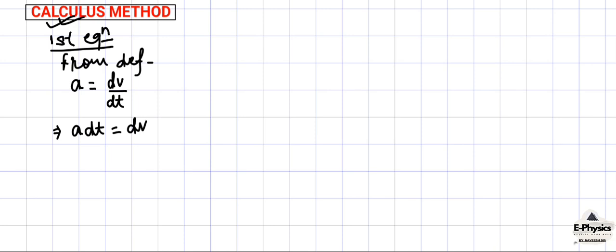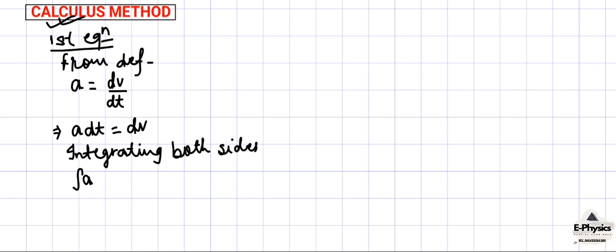Now if we integrate both sides, students, what do we get after integrating both sides? That is, integration of a dt is equal to integration of dv. Here on the LHS we have to integrate with respect to t, and on the RHS we have to integrate with respect to v.